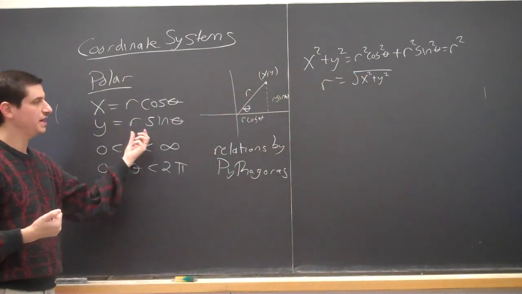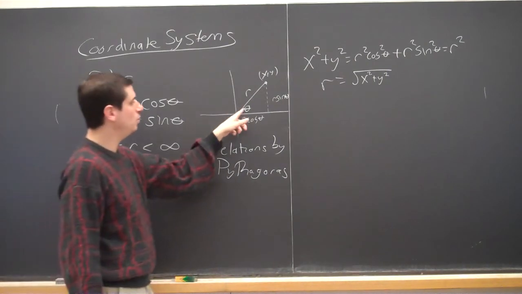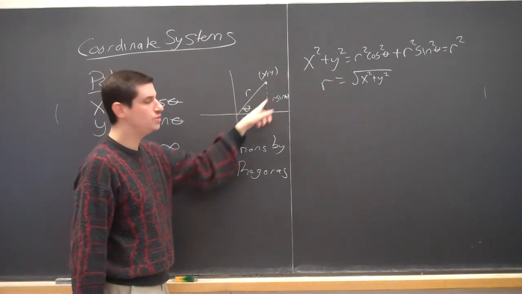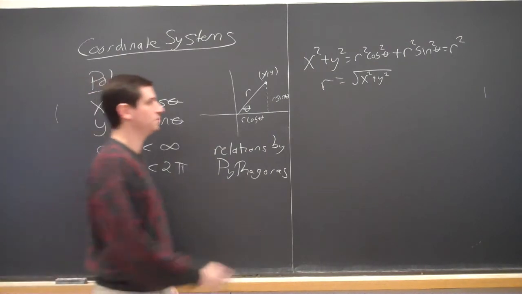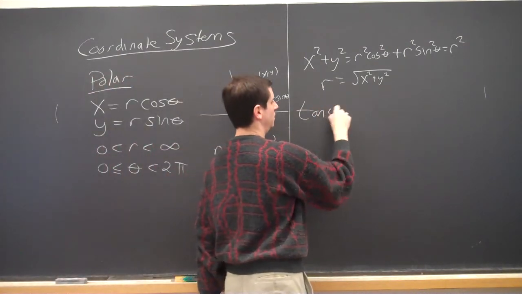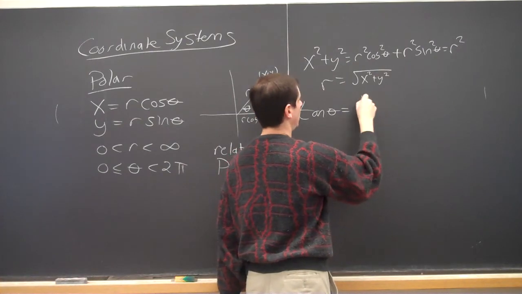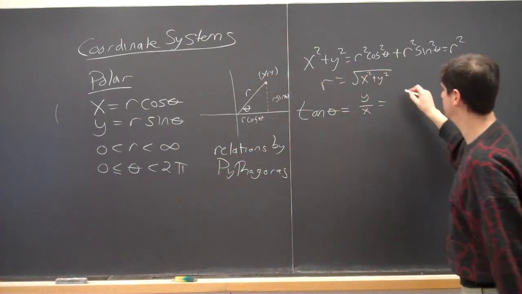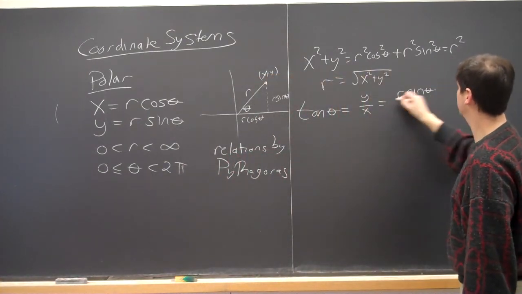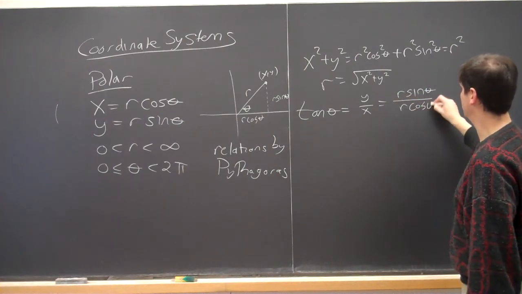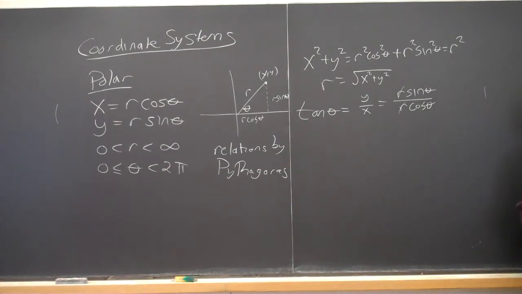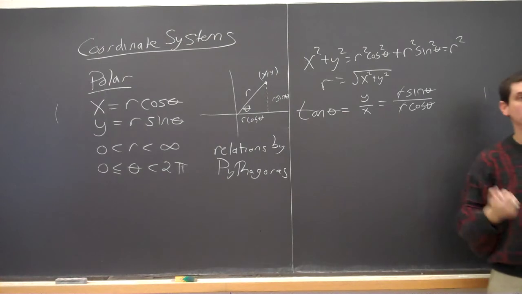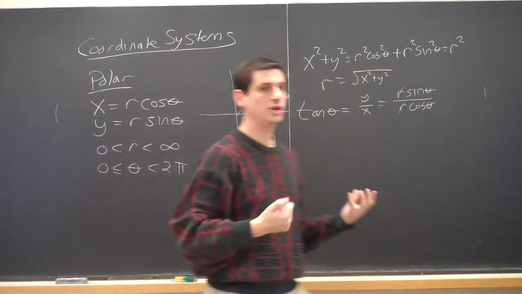All right, now we want to get theta. If we know the two sides over here, if we take their ratio, that's the tangent of theta. So tangent of theta is y over x, which is r sine theta over r cosine theta, and you can see the r's cancel. Well, if this is the tangent of theta, then the arctangent, or the tangent inverse, will give us theta.